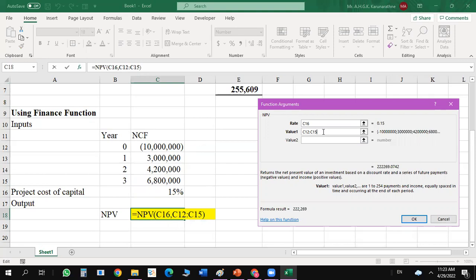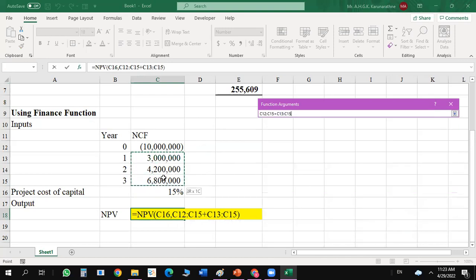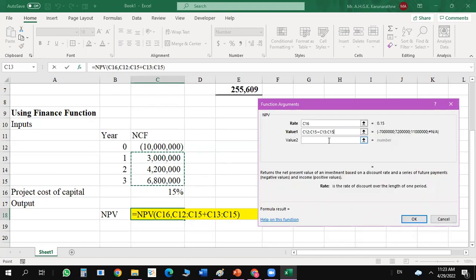Except initial investment, give the rest of the cash flows under values. Value 2 you can ignore. Under value 1, give only the cash inflows other than the year 0 initial investment. Let's say year 1 there's another minus figure, it's okay. Except year 0 cash flows, all other cash flows should be selected, right?